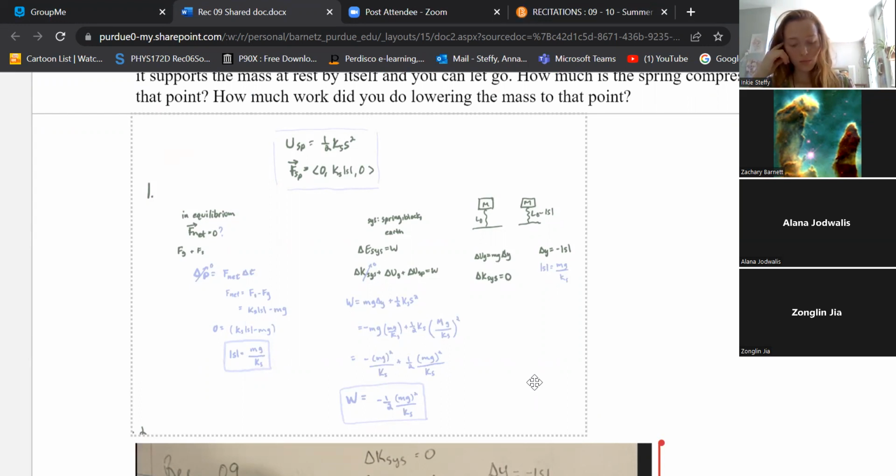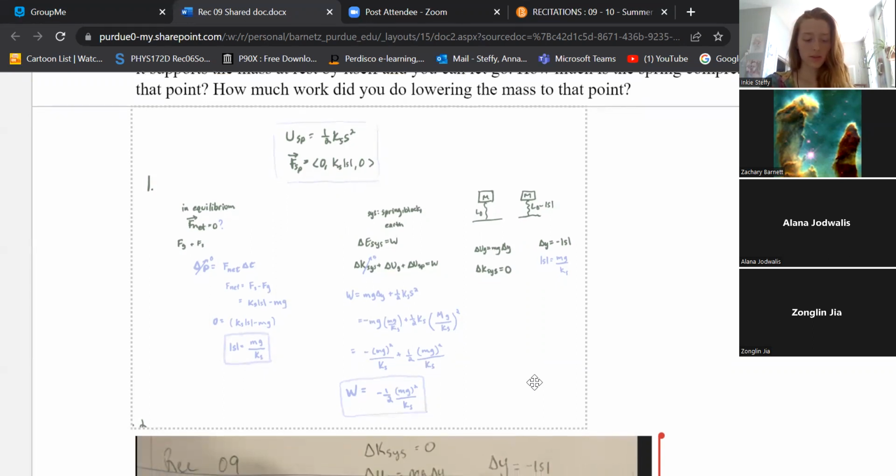And then it looks like we all used the energy principle to solve for work using kinetic energy, gravity, and spring potential energy. Yeah, and then the change in kinetic energy of the system is 0, so that simplifies things, because at both points that we're evaluating between, it's at rest.